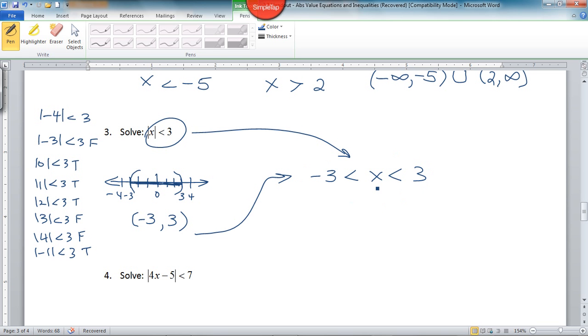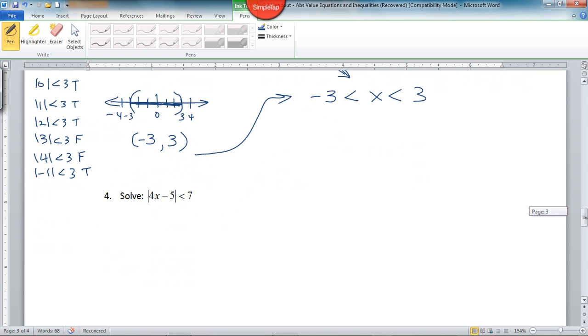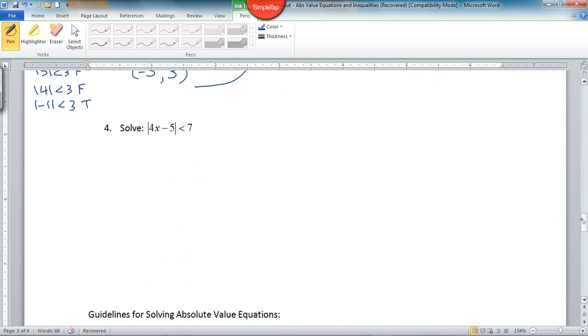And look at it, it has the expression x between the negative 3 and then positive 3. So let's see if we can apply that to number 4 here. The absolute value of 4x minus 5, that's going to be less than 7.